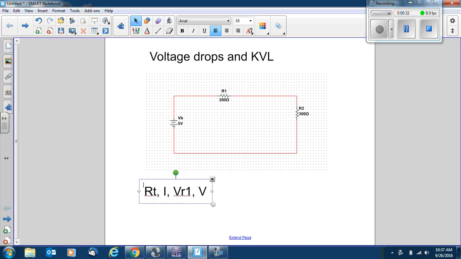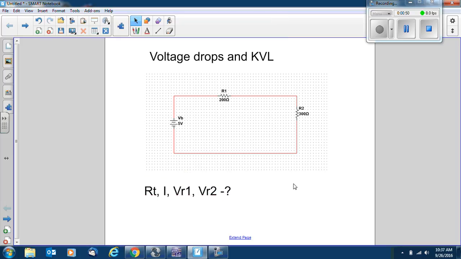That's voltage drops. I don't really know how to do the subscripts over here, so unfortunately they're not going to have subscripts, but pretend that R1 and R2 are subscripts, okay? So I need to find all those quantities.